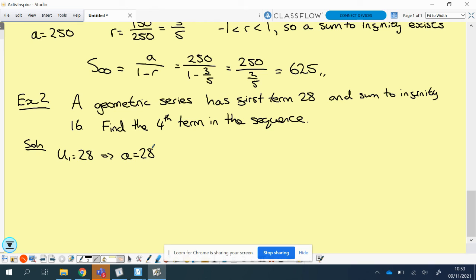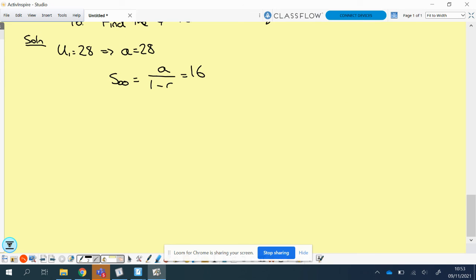Now I know it had a sum to infinity, which we normally work out by a over 1 minus r, and I know that has to equal 16. Putting in my value of a, that's 28 over 1 minus r equals 16.